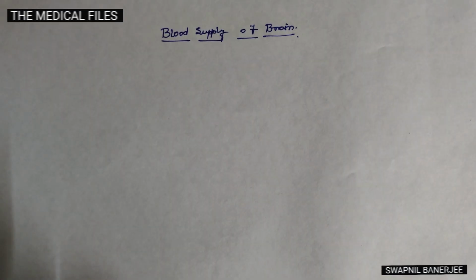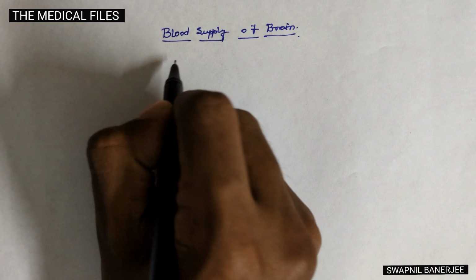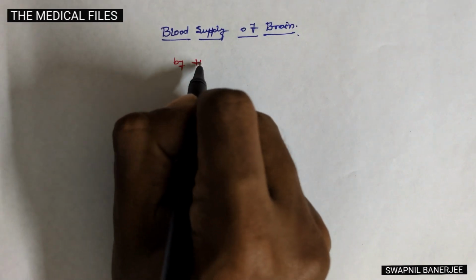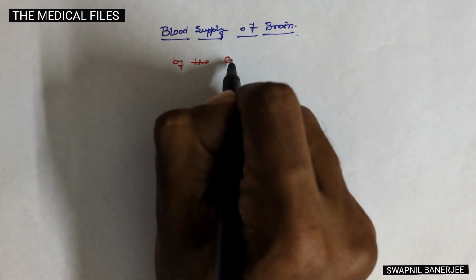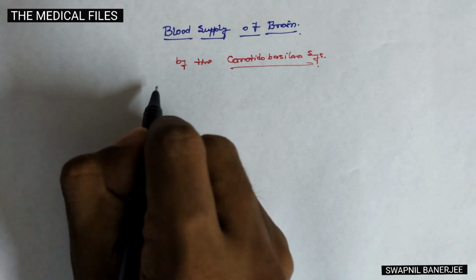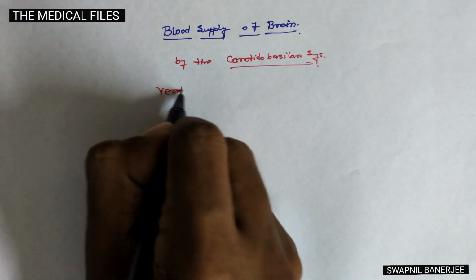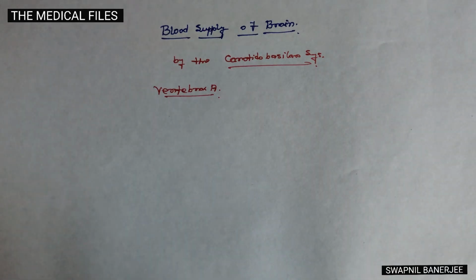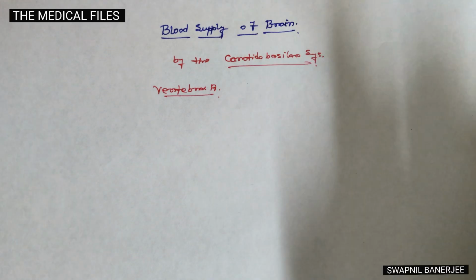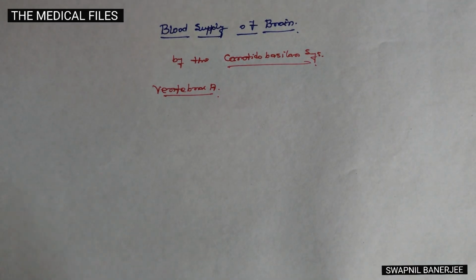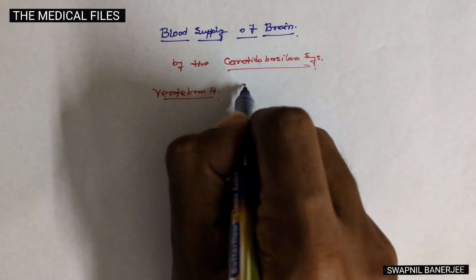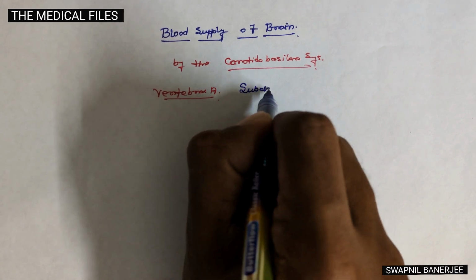So our main topic is blood supply of brain, and it is done by the carotidovertebral system. Today we are discussing the vertebral artery. At first you'll have to know which artery it comes from. It is a branch of the subclavian artery.